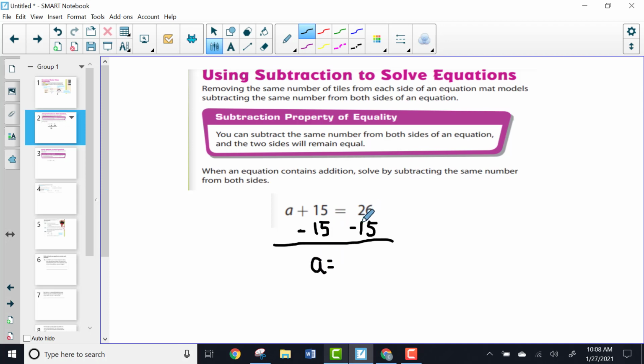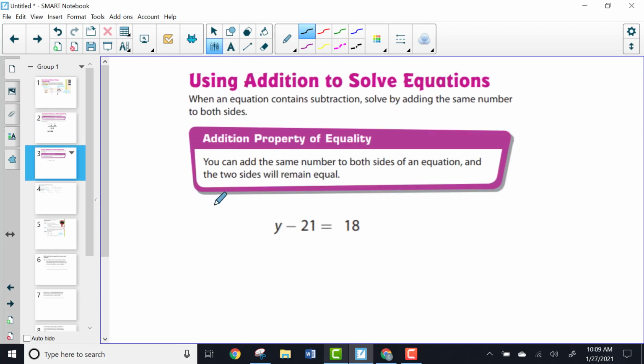And then 26 minus 15 is 11. So what that means is a equals 11. So the solution to this problem is 11. In other words, if I plug in 11 for my variable, that gives a solution to this equation. So that's what it looks like using the subtraction property of equality.